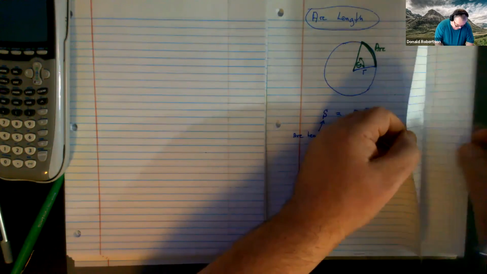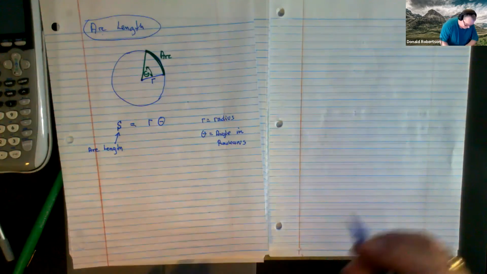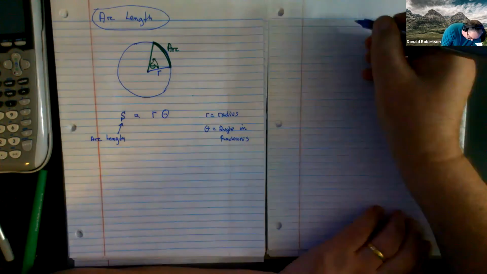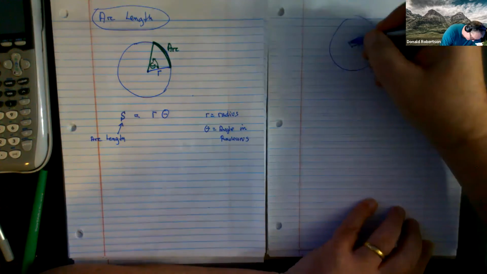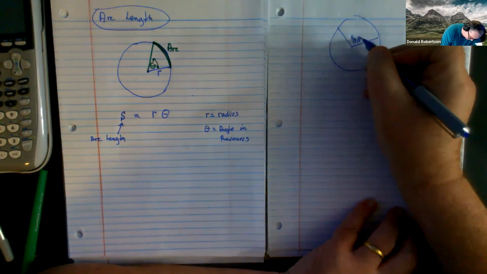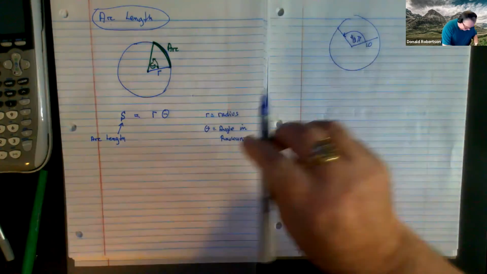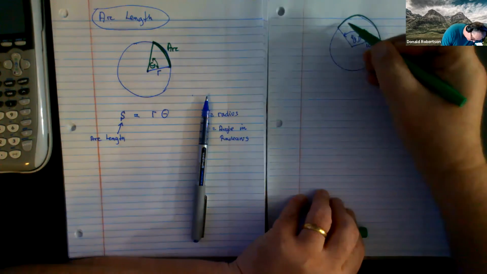Imagine I gave you a question, something like this. We have a circle of radius 10, and this angle here in radians is 4/3 pi, and we are being asked to find the arc length.